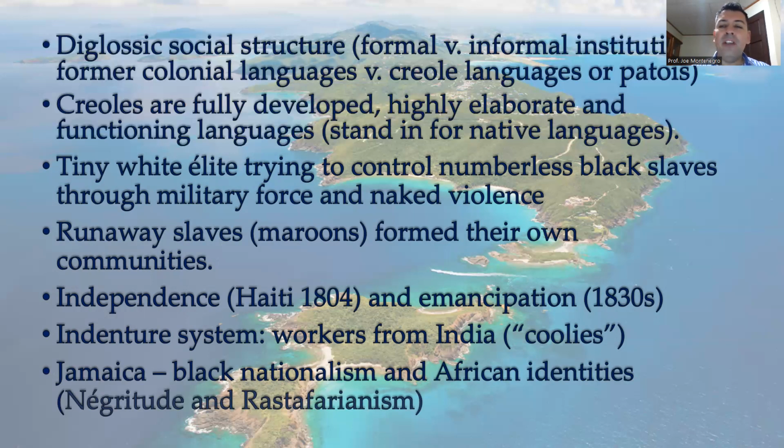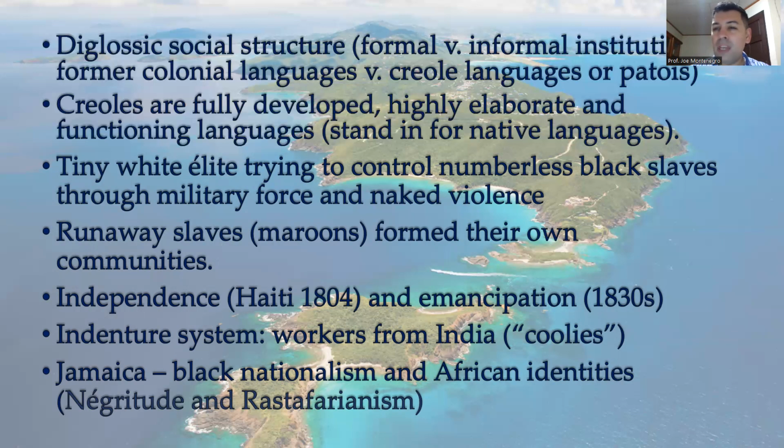Hence, very strong Black nationalist movements like negritude, the concept of negritude that I think I already mentioned earlier. That's the idea of the pride of being Black and the going-back-to-Africa feeling, the African identity that defines them, et cetera. All this originates mainly in Jamaica during this period, and also Rastafarianism.